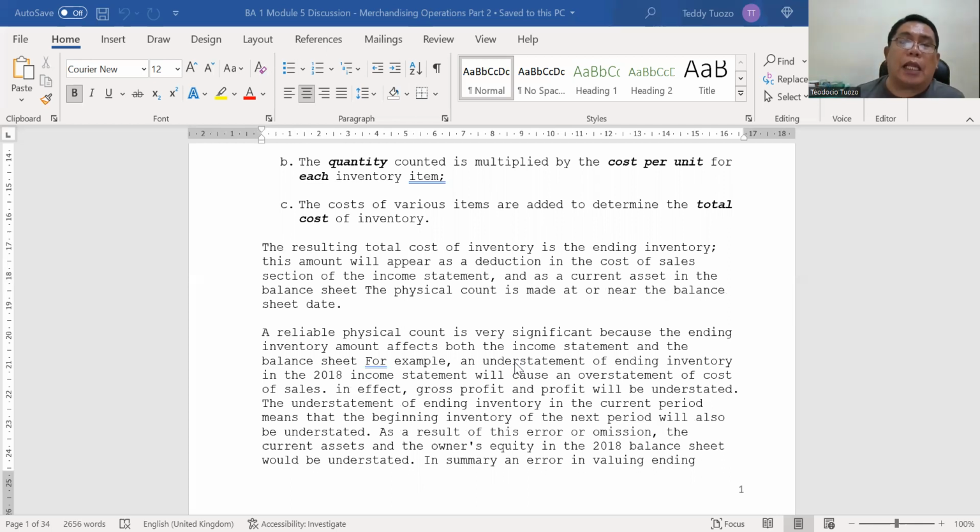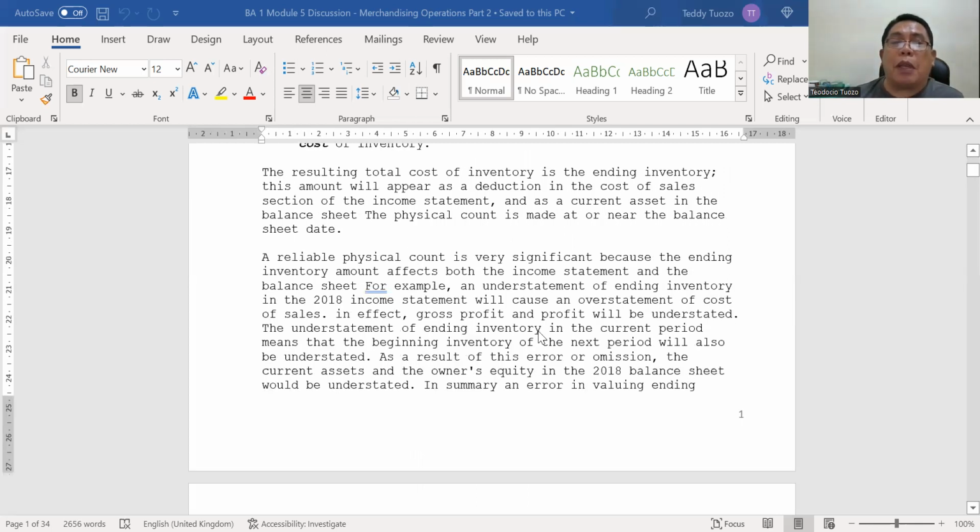A reliable physical count is very significant because the ending inventory amount affects both the income statement and the balance sheet. Remember, for example, an understatement of ending inventory in the 2018 income statement will cause an overstatement of cost of sales. In effect, gross profit and profit will be understated.